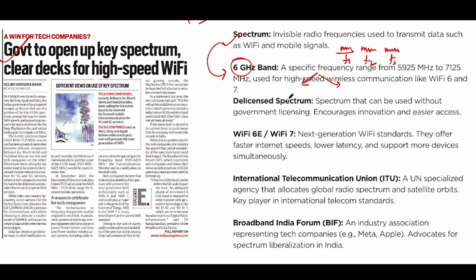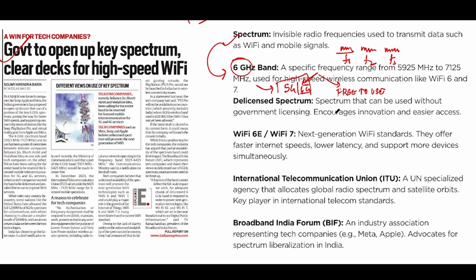Telecom companies wanted to reserve the band for 5G and 6G services only for licensed use. So only those people who have the license will be able to transmit the data on this particular band. Whereas tech companies like Apple and Meta wanted this particular 6 gigahertz band to be delicensed, which means that it is free to use by anyone.